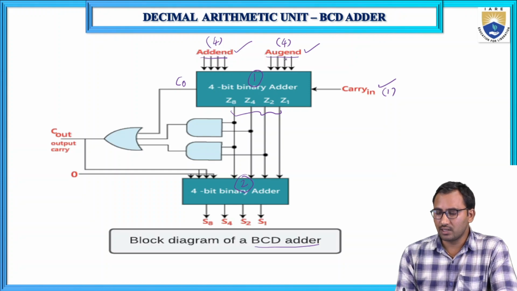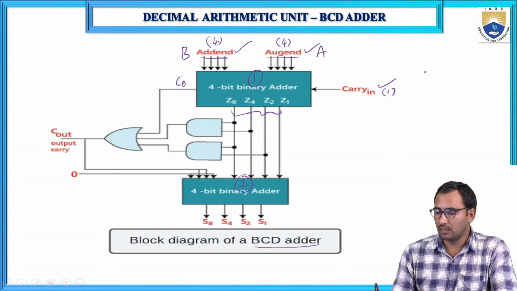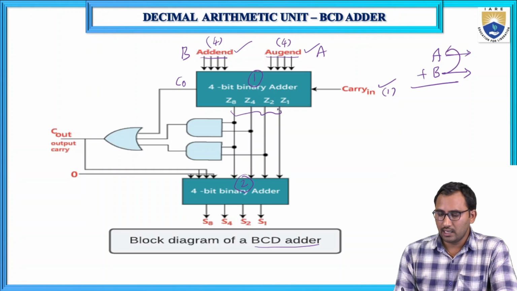Let us assume this is number A and this is B. So we are performing A plus B, which means the number B is being added to the number A. In this, the B bits are called added bits and the A bits are called AND bits. After adding these two numbers A and B, it will produce a sum.